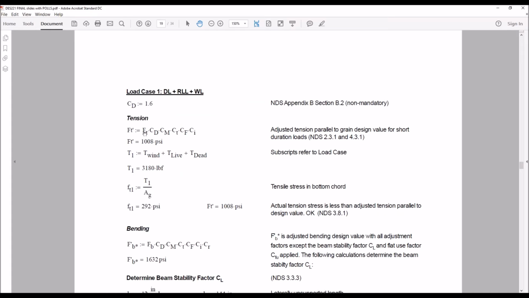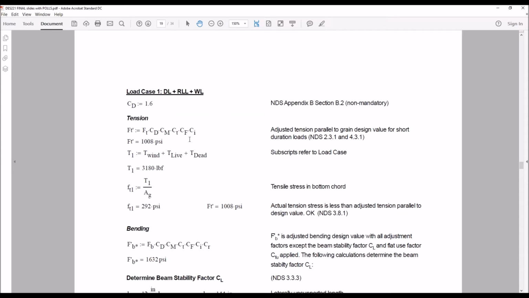So again, just starting with that unadjusted value and applying the appropriate adjustment factors. This is an ASD design. I don't know that I mentioned that earlier, but we will be using, obviously, the load duration factor, or C sub D, as opposed to the K factors and the lambda that we used for an LRFD design earlier.